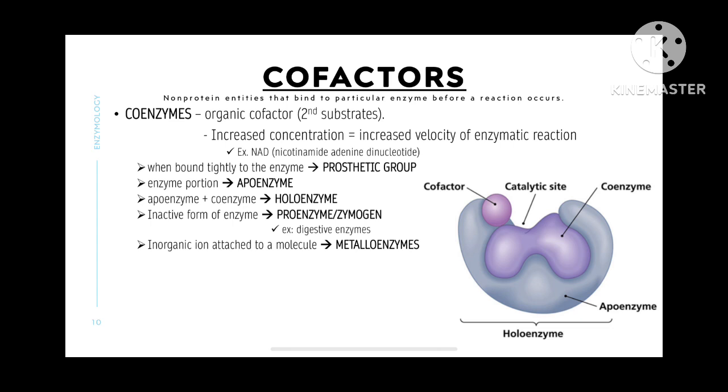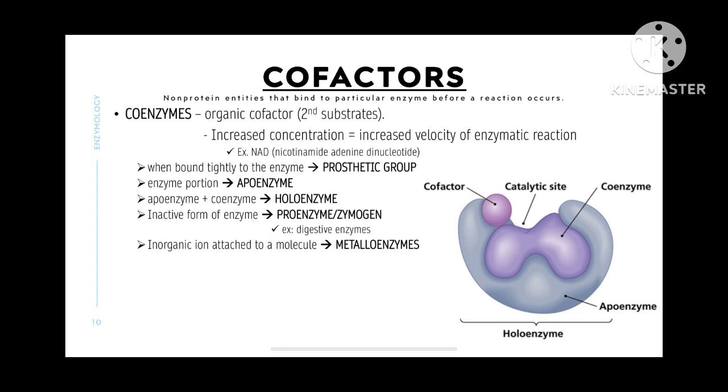When they are bound tightly to the enzyme, coenzymes are called prosthetic groups. For example, nicotinamide adenine dinucleotide is a cofactor that may reduce to nicotinamide adenine dinucleotide phosphate in a reaction in which the primary substrate will be oxidized.